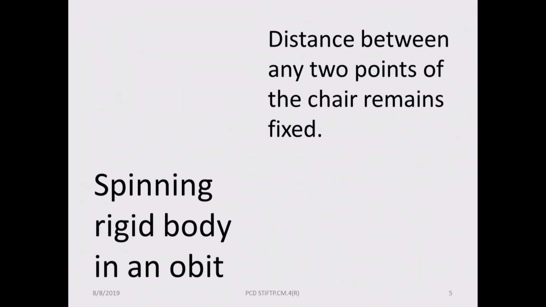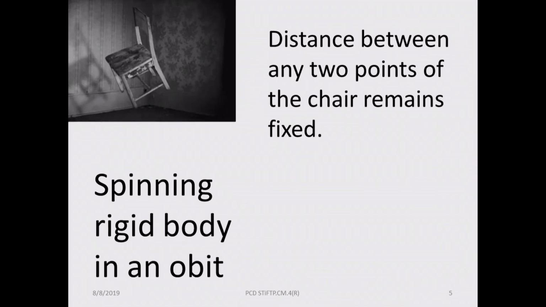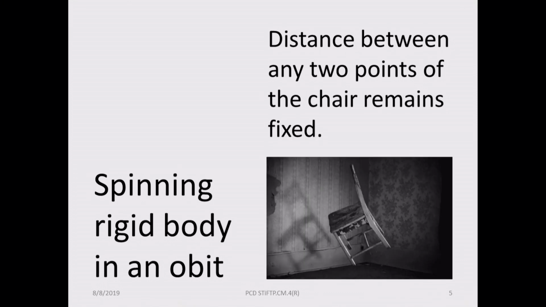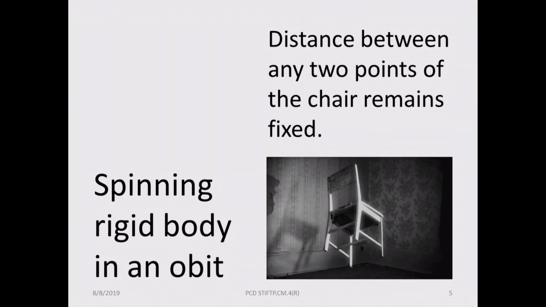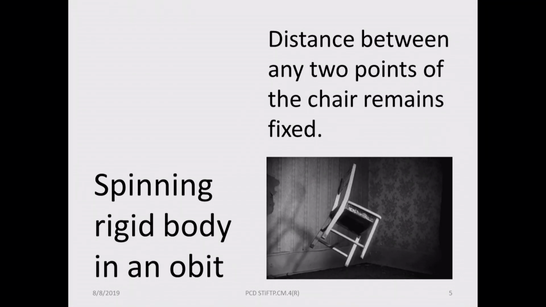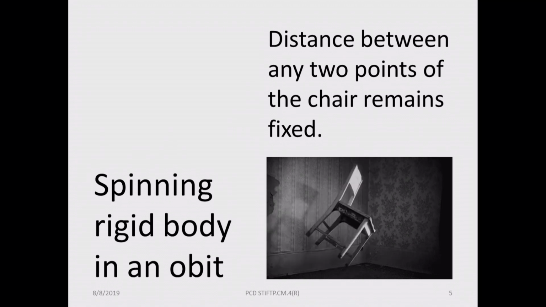If you see how it has come, it is coming along a certain orbit. But as it does so, it is also spinning about an axis through itself. So this is just the kind of motion that you described when you were talking about the soccer ball, which was spinning as it was being kicked around.